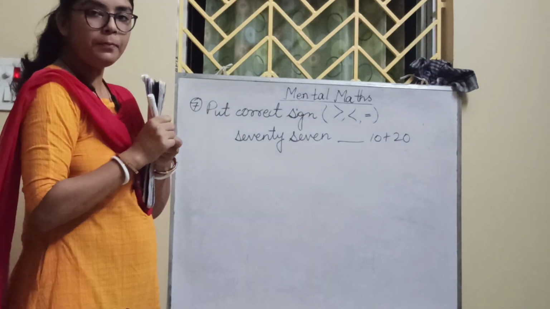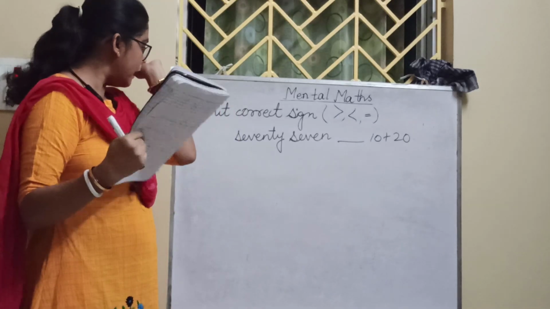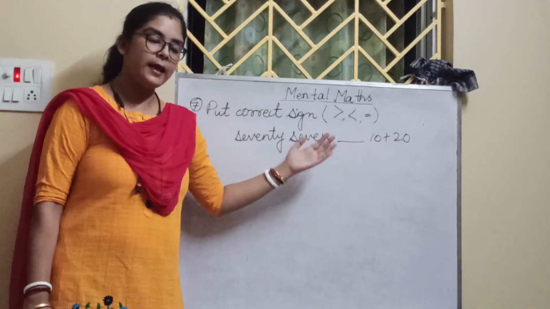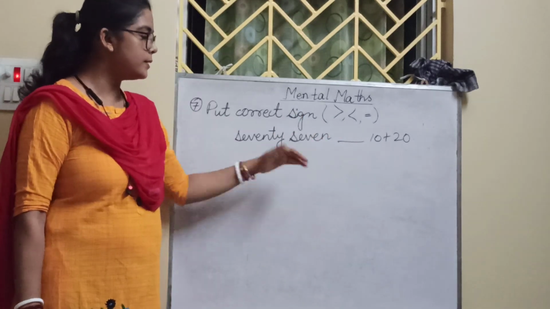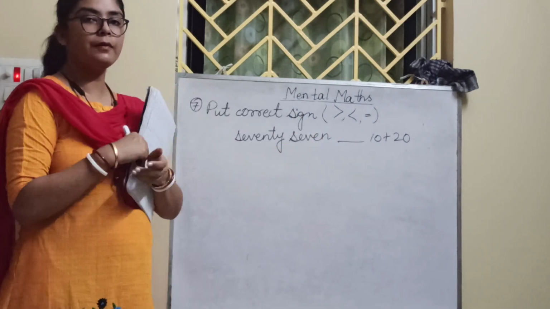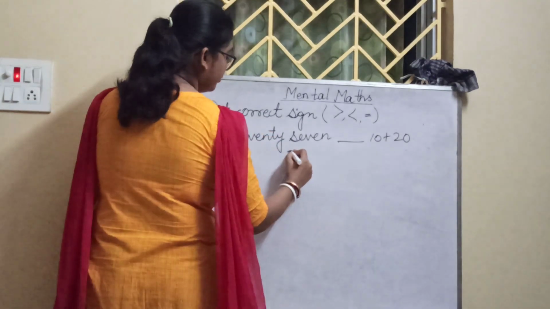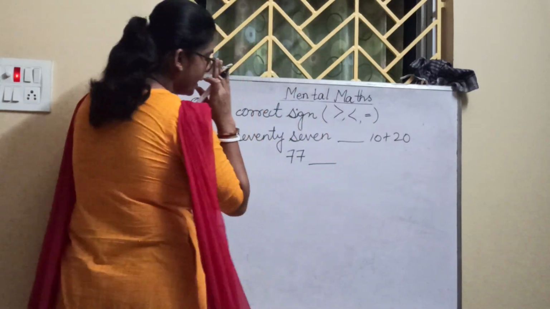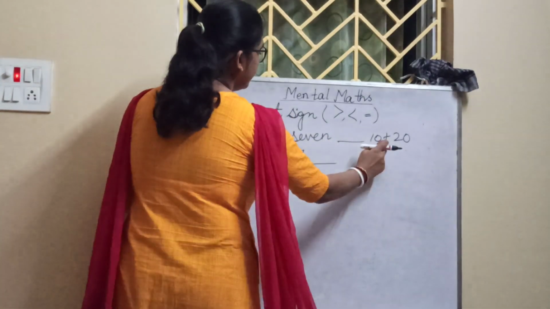Whenever this type of sum comes, try to solve the parts of both sides, then you will get the answer. First, what is written here in words? 77. How do we write it in figures? 77 like this. Put the dash. 10 plus 20.